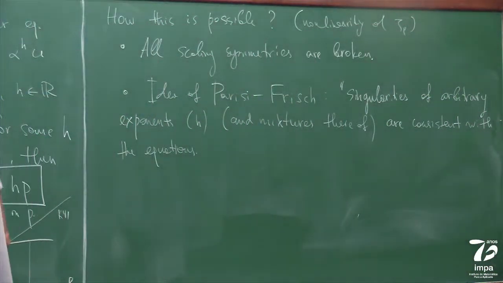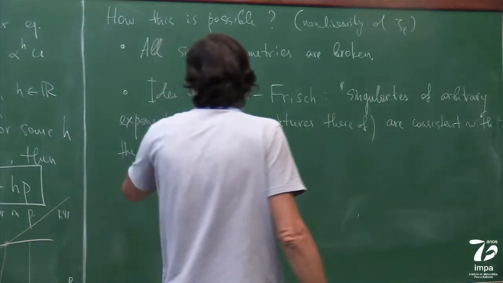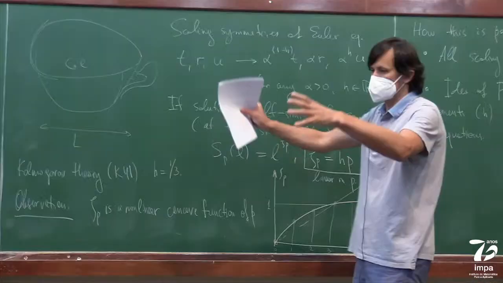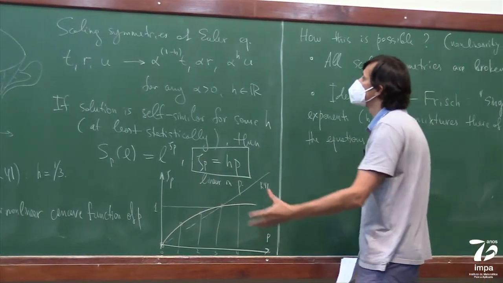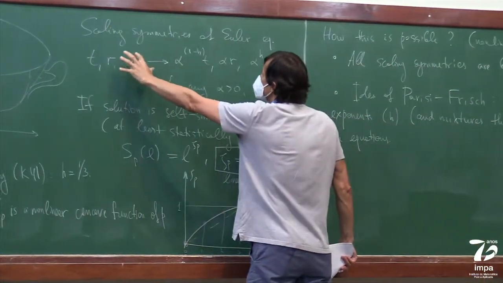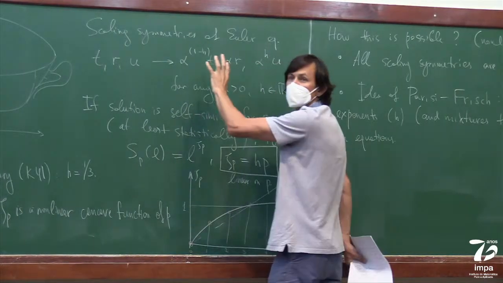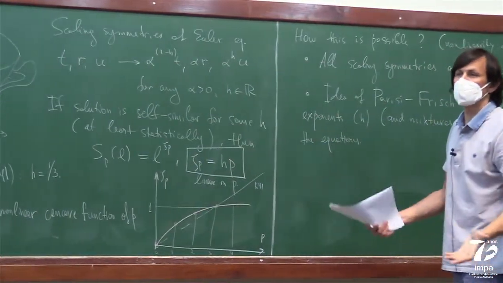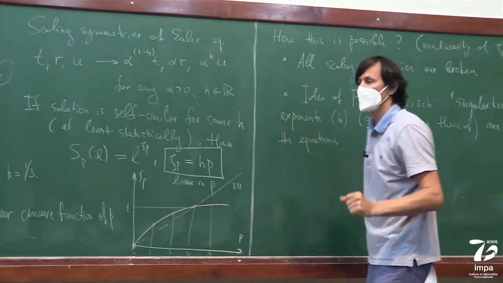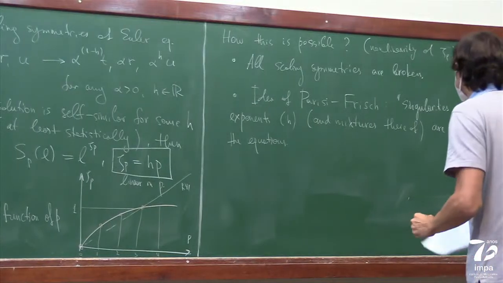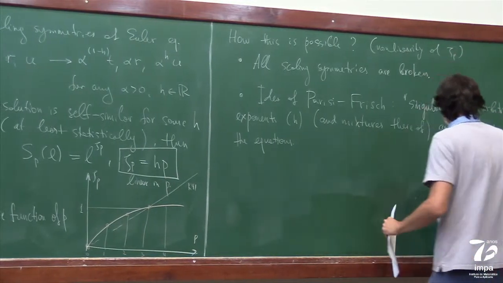So what does singularity mean? Singularity means that in some part of the space you have a flow which has a scaling with some fixed h. And whenever h is smaller than 1, it's a singularity, because it scales singularly. The flow is not differentiable.